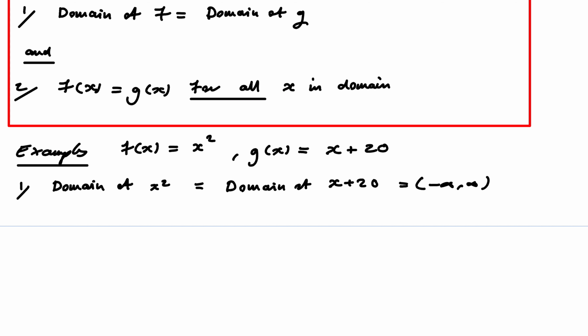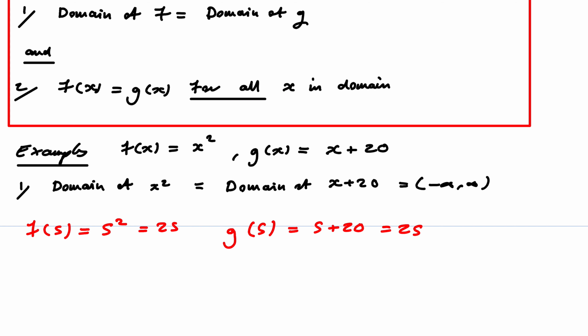Are they the same rule? Well, let's check to see if they're equal anywhere. So let's imagine I feed in 5. 5 squared is 25. I'll feed in 5 into this. This is equal to 5 plus 20, 25. I'm just choosing 5 at random.